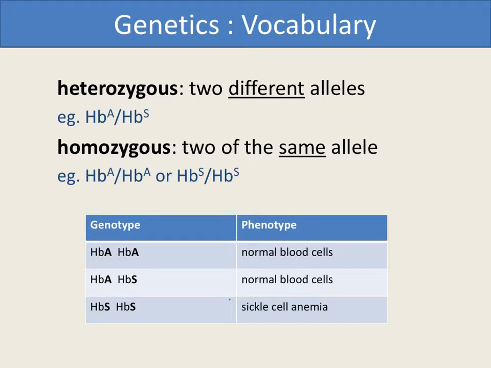Now, this isn't exactly right, but for now we're just going to say it is. We're going to say that HBA, HBA, and HBA, HBS have normal red blood cells. In other words, HBA is dominant.